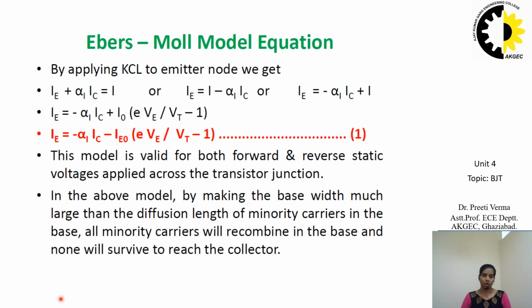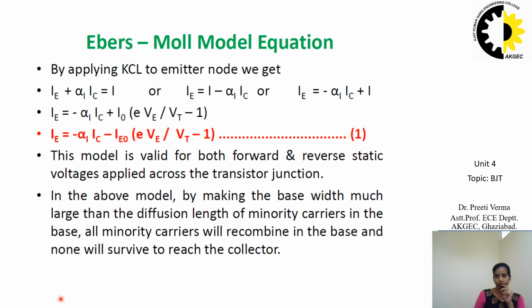In the above model, by making the base width much larger than the diffusion length of the minority carriers in the base, all minority carriers will recombine in the base and none will survive to reach the collector. So this model is very important.